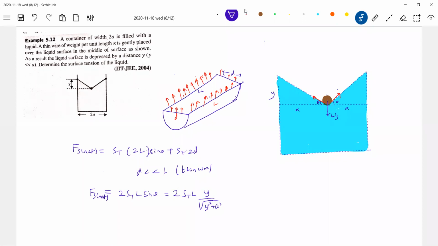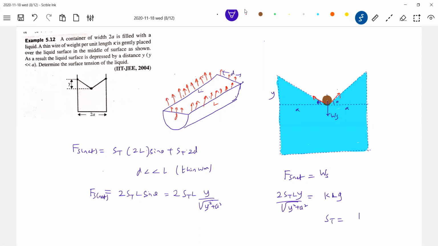Then let's come to that one. Who will balance the weight? So for equilibrium, force due to surface tension should balance the weight of the wire. What shall I write? Total weight is what he has given. A thin wire, weight per unit length is how much? K. So K into L into g. The L gets cancelled, so we'll get the expression for surface tension.